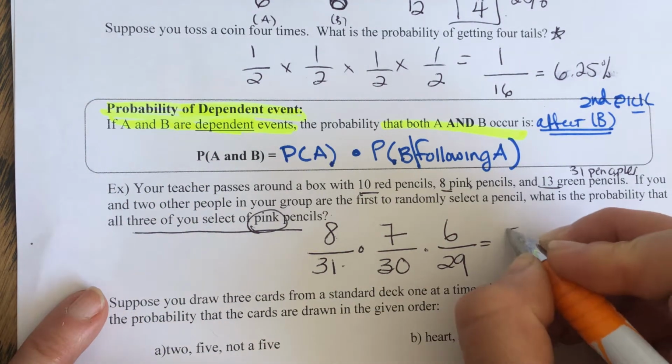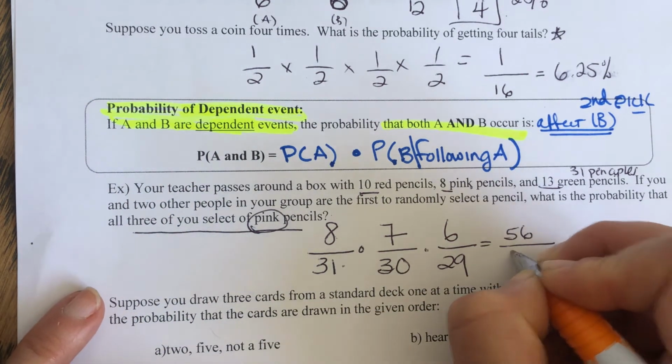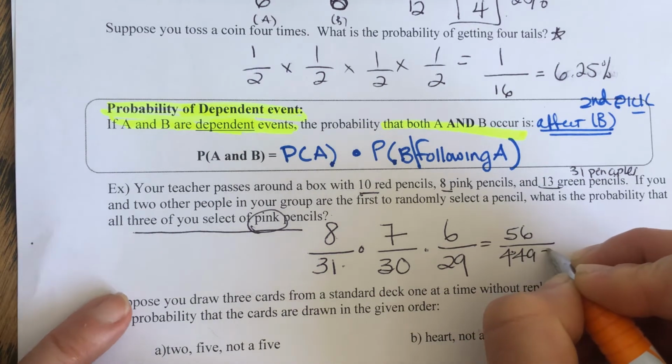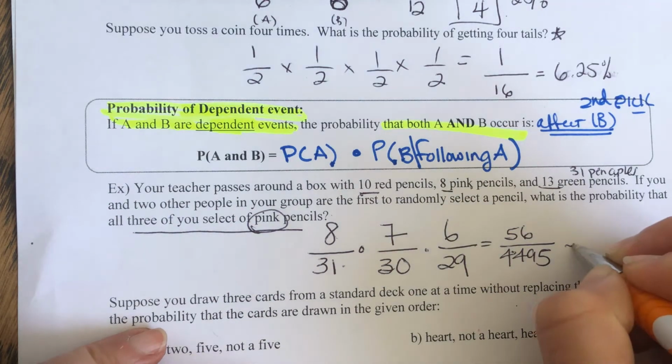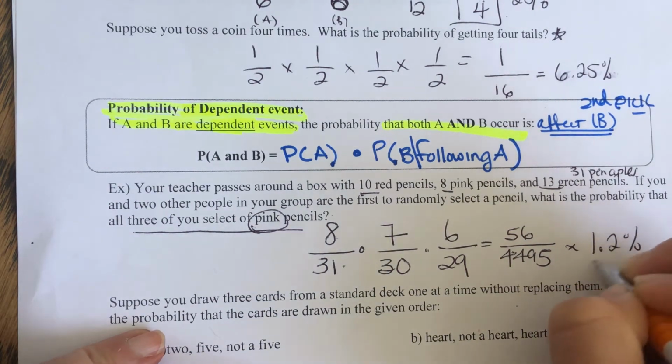You multiply, and you're going to get 56 out of 4495. If I wanted to leave that as a percent, it's 56 divided by 4495 times 100, so it's about 1.2%.